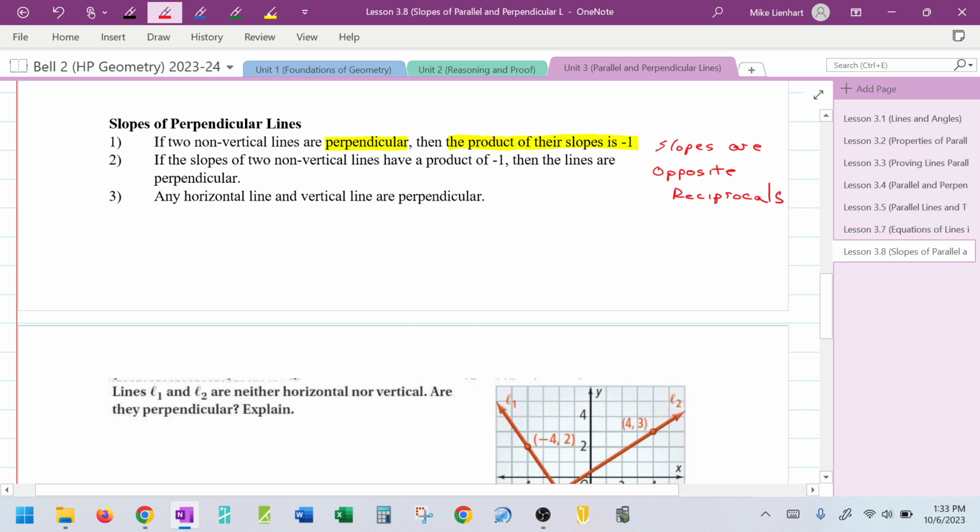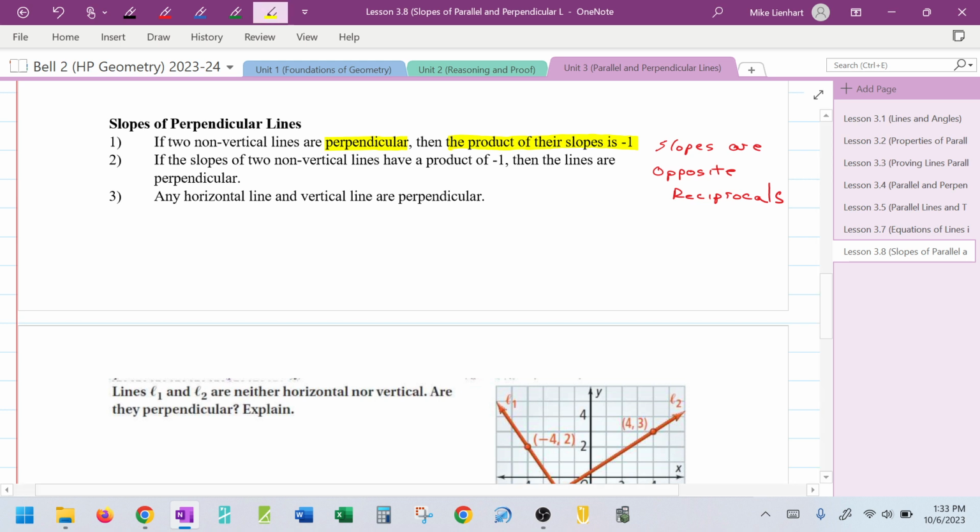Opposite means if the given slope is positive, then the perpendicular slope would be negative, and vice versa. Reciprocals mean take a fraction and flip it over. So for example, the reciprocal of 5/9 would be 9/5. The reciprocal of 4 would be 1/4. The reciprocal of 1/5 would be 5/1, or just 5.